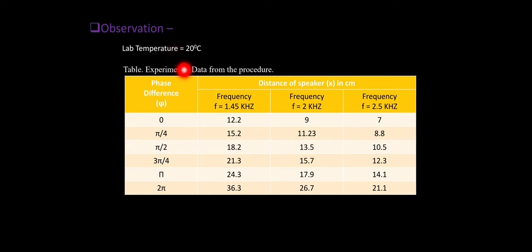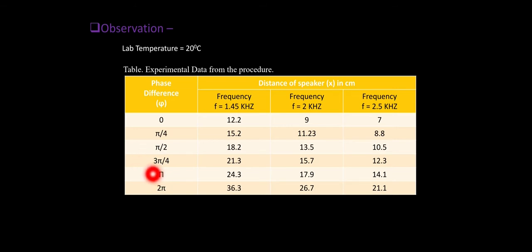This observation is taken when the lab temperature is 20 degrees. So we get this positive sloped straight line, which corresponds to path difference 0, as I explained. Then the ellipse, which corresponds to path difference pi by 4. Then the circle, which corresponds to pi by 2. Then 3 pi by 4, which corresponds to the 90 degree rotated ellipse.